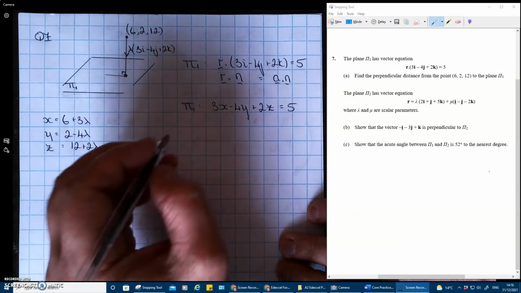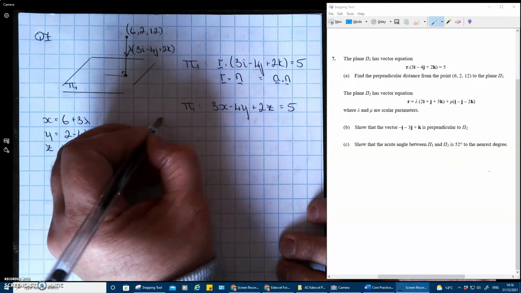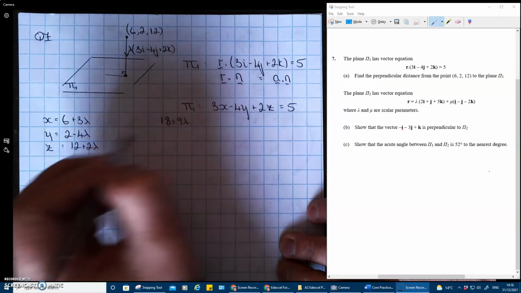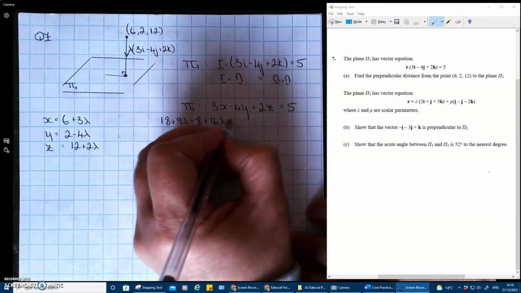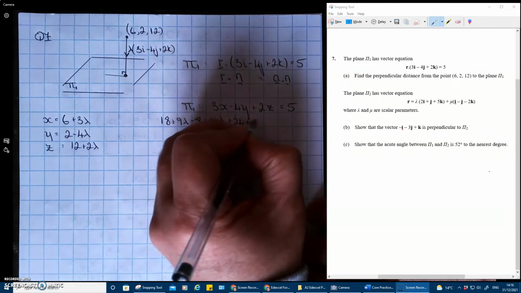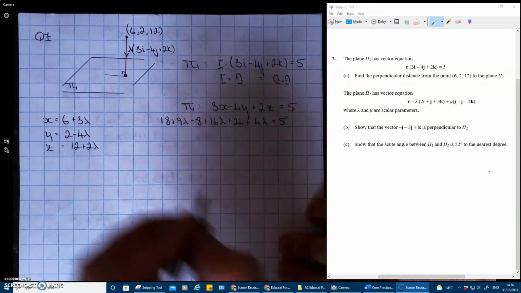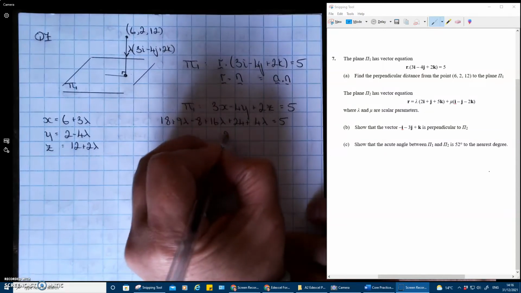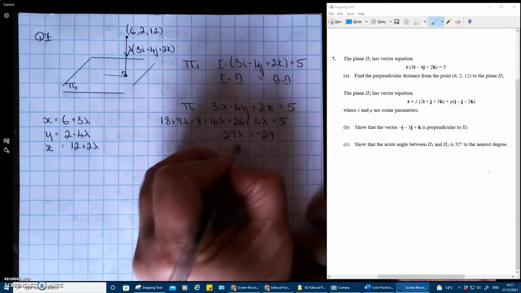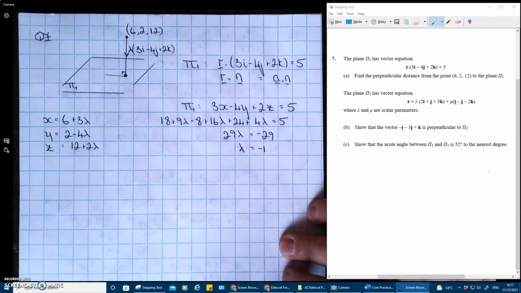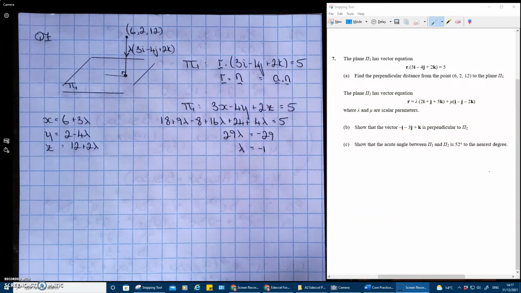So if I substitute them in, 3x's, so I get 18 plus 9 lambda, take away 4y, take away 8 plus 16 lambda, plus 2z, plus 24 plus 4 lambda, and that has to equal 5. And I get 29 lambda equals minus 29, and lambda equals minus 1. So clearly if I'd gone the arrow in the other direction, I'd have got lambda plus 1. So I've got lambda minus 1.